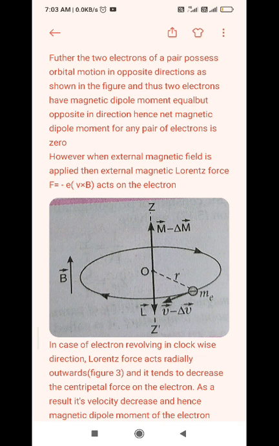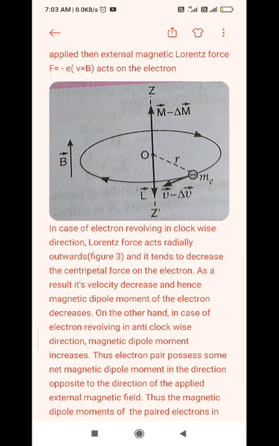When the centripetal force decreases, the orbital velocity of the electron decreases, and then by the formula m is equal to minus e by 2m into L, L decreases. When L decreases, m decreases. That means the magnetic dipole moment of the electron decreases. On the other hand, for the other electron, which is in the anti-clockwise direction, the central force will be inwards, and in that case the velocity will increase, and the magnetic dipole moment will also increase.